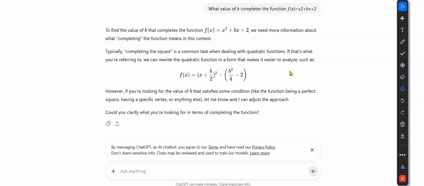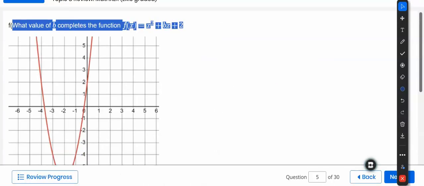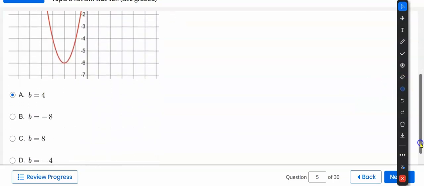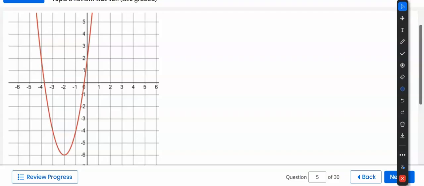Okay. Typically, completing the square is a common task when dealing with quadratic functions. If that's what you're referring to, we can rewrite the quadratic like that. However, if you're looking for a value of b that satisfies some condition, like the function being a perfect square, I really am kind of lost on what they're asking me for. I would really have to know more information so that I could tell you what that means.